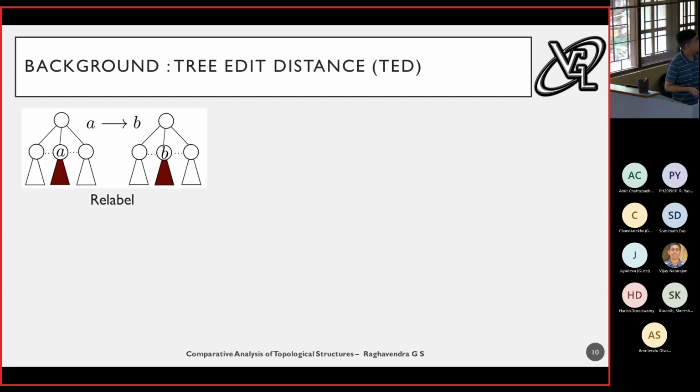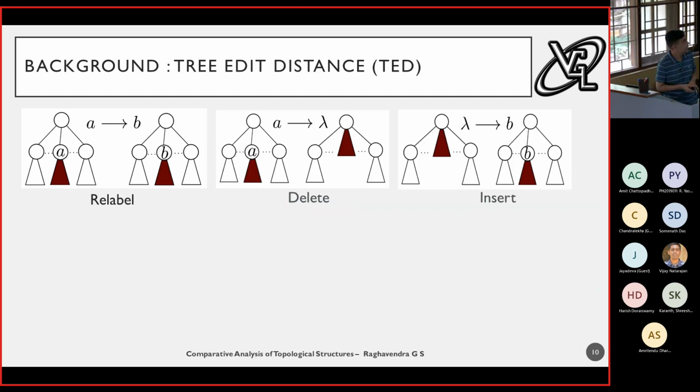Then the background is about the tree edit distance, since we are adapting the tree edit distance to the merge trees. So the tree edit distance works as follows. We have two trees. We go from one tree to the other via a set of edit operations. The edit operations are relabel, which changes the label of a node, and insert and delete, which insert a particular node or delete a node from the tree.